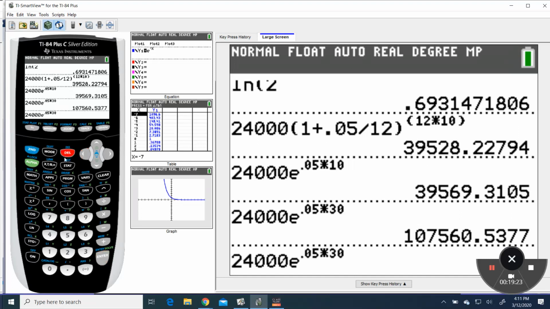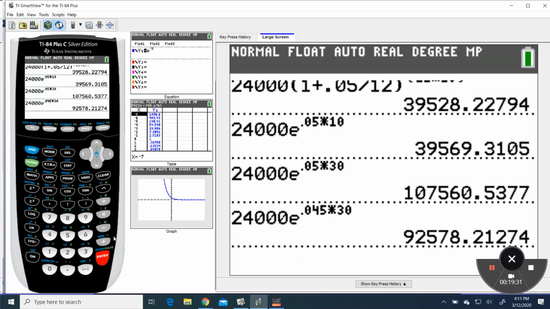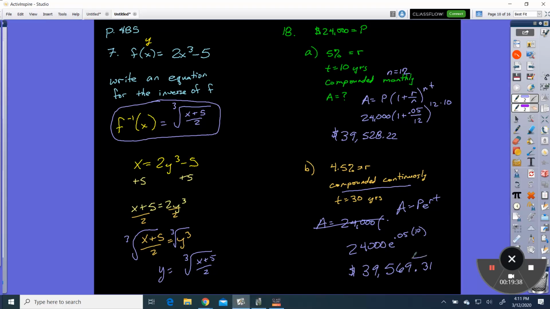So I go second insert, 4. Whoops, wrong place. 0, 4. There we go. So we get $92,578 after I do it the right way. So that should have been 0.045, and the time is 30. I was in a hurry trying to get this done real fast. So anyways, $92,578.21 for that.